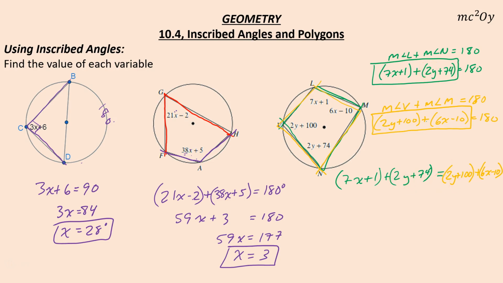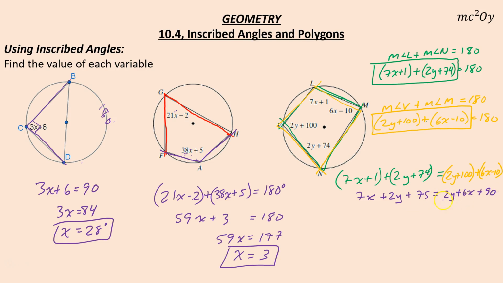So when I look to simplify this, if I were to go, well, 7x and 2y, can't combine those, but 1 and 74, and then 2y and 6x, and 100 minus 10.